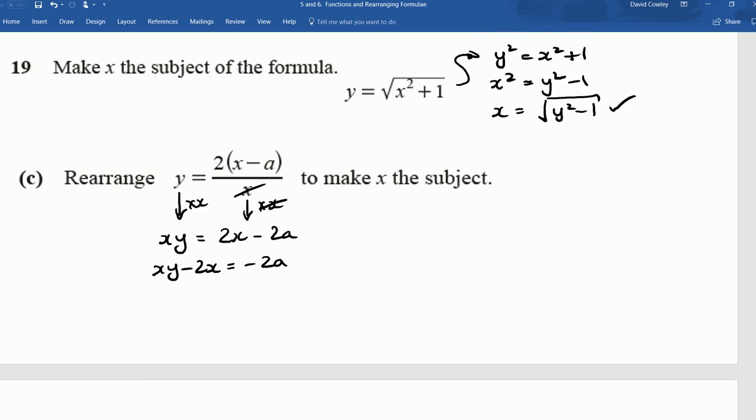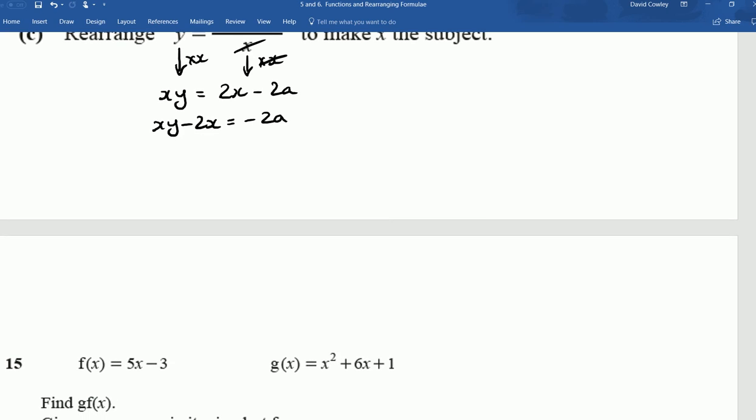Now, if this was 3x minus 2x, I could just collect the terms. But I can't do that because I've got xy minus 2x. I have a y and a 2. I do the next best thing to collecting now, which is I factorize out the x.